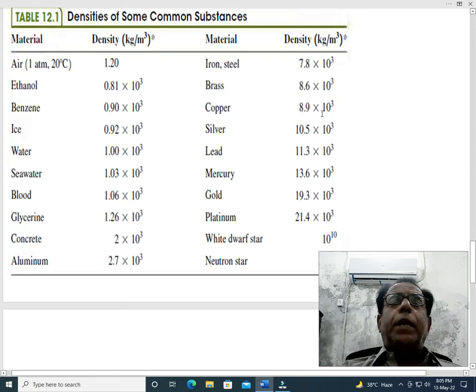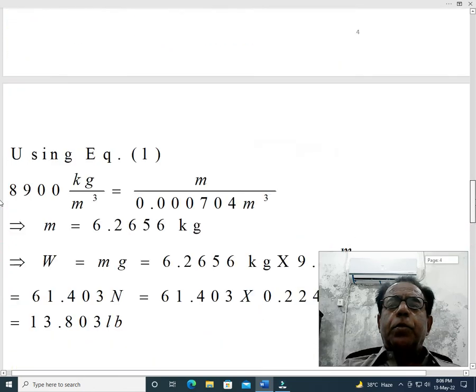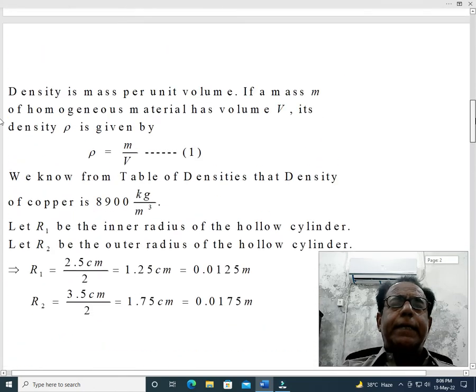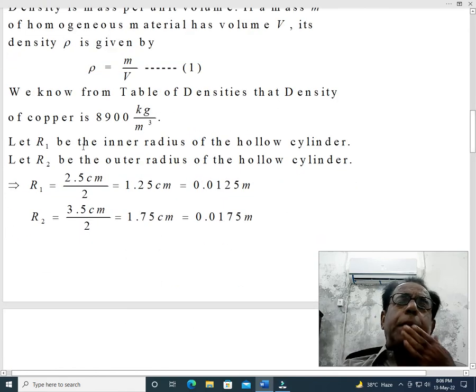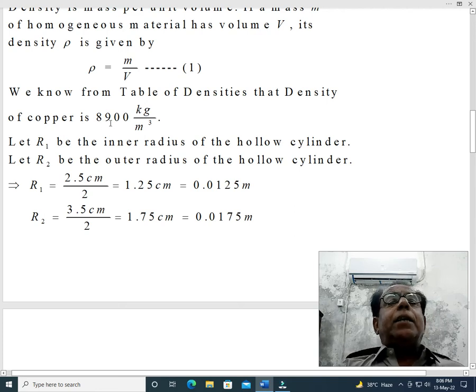Copper 8.9 into 10 raised to the power 3 kilogram per meter cube, and it can be written in alternate form as 8900 kilogram per meter cube, okay? So to this extent no confusion, okay? We know from the table of densities that the density of copper is 8900 kilogram per meter cube.